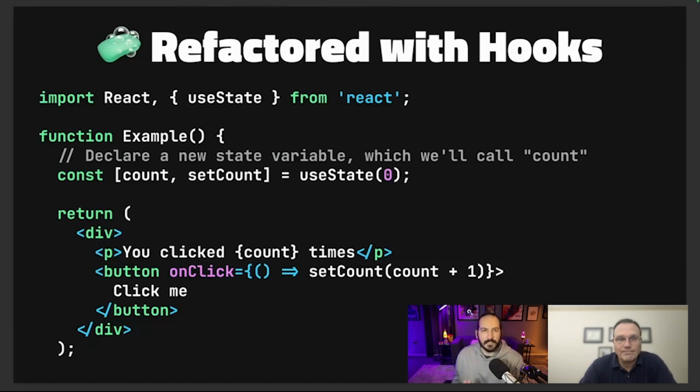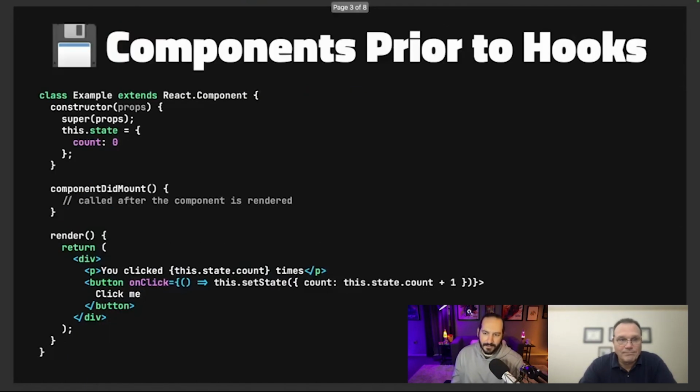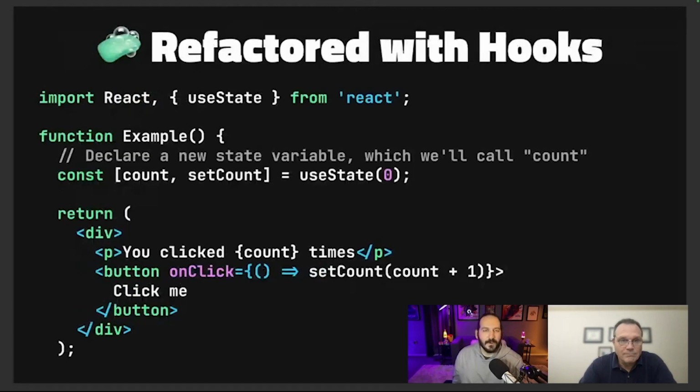When we convert this component over to using hooks, the first obvious thing that most people notice is, wow, that's a lot smaller, for one. You can see here, this is probably like 15 to 20 lines of code, and here, very, very minuscule in comparison. The other thing you'll notice, we're not using a class, we're actually using functions here. So a function gets called. We also import the hook, the state hook in this case. And when you destructure a state hook, you get essentially two values.